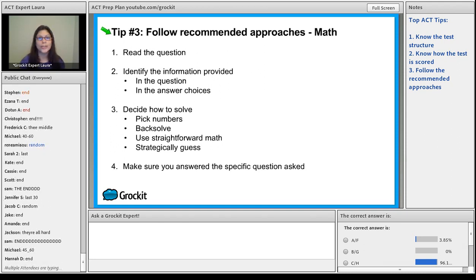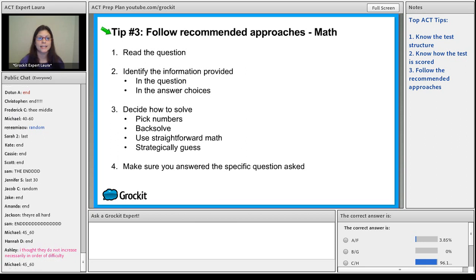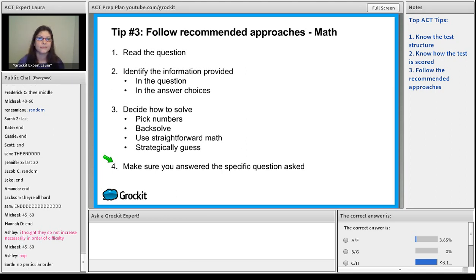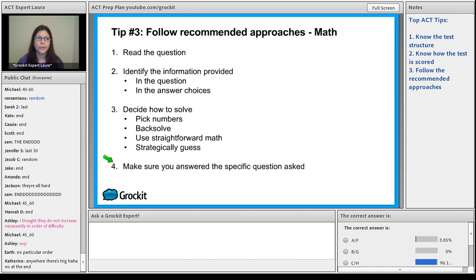For the first 20 questions, they should take you less than 20 minutes. And as you move through the section, step number 4 is super important to keep in mind. Because if you solve for X, and X is 3/4, and they ask for 1 over X, what are you going to put? So they want 1 over X, and you found X is 3/4.